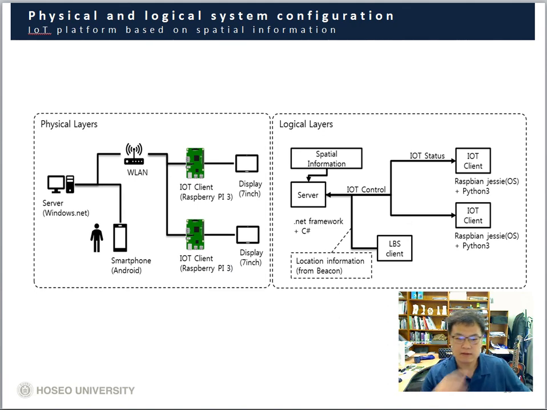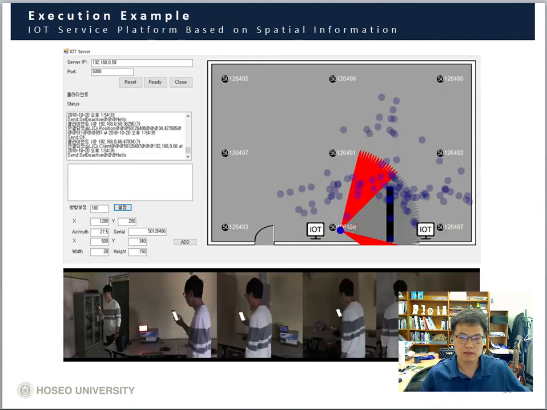Okay, you can see the result. This is the test bed. This is the user. This guy moves from here to there, and the mobile device provides his position.